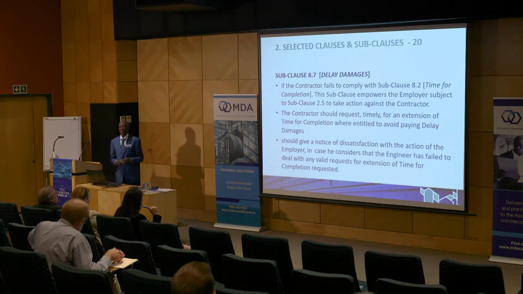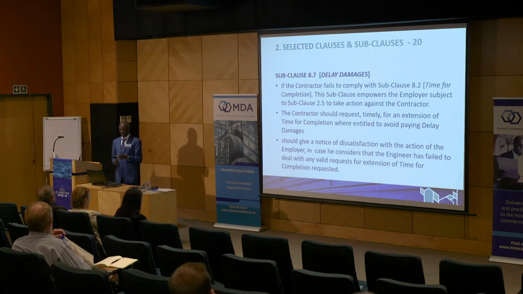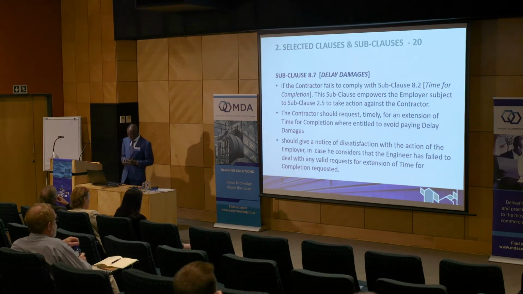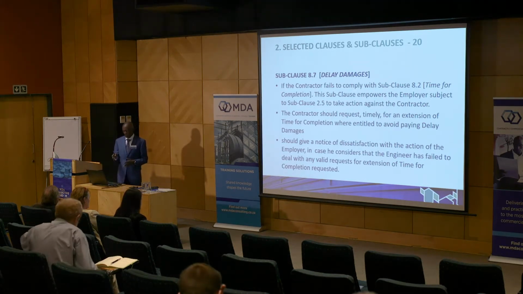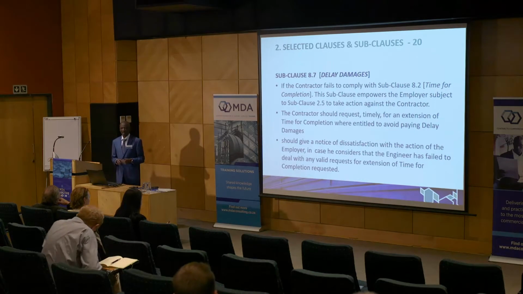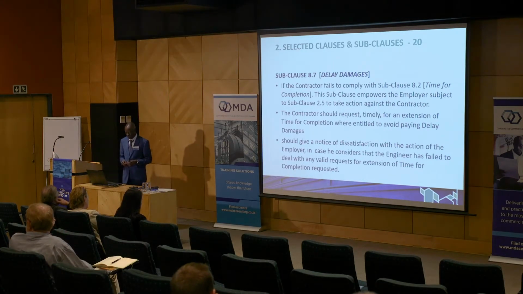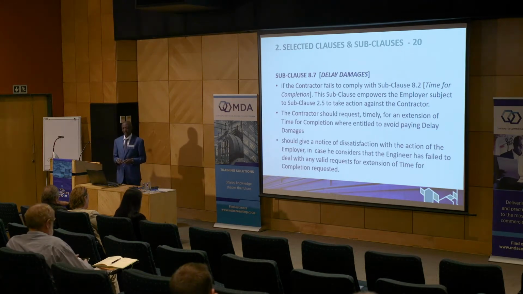Under the current version, for the notes given by the employer under 2.5, there's no limit. He can give notes anytime. There's no time bar. So I'm glad that with the new edition, the employer is going to have a time bar. There are specific days given for him to comply with this clause.